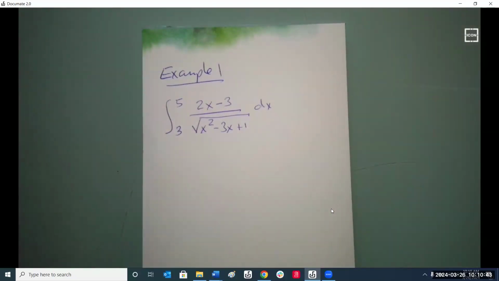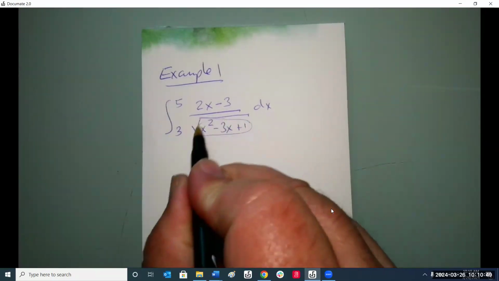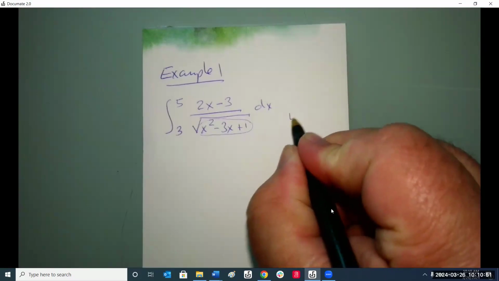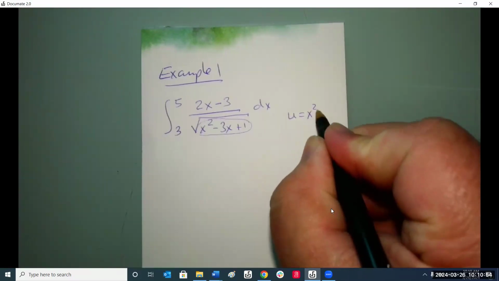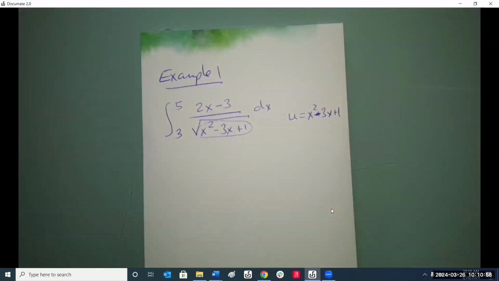All right, so the first thing we do is apply the substitution rule. We're going to look at this and define it as u: u equals x squared minus 3x plus 1.